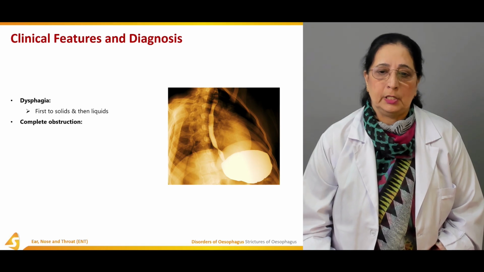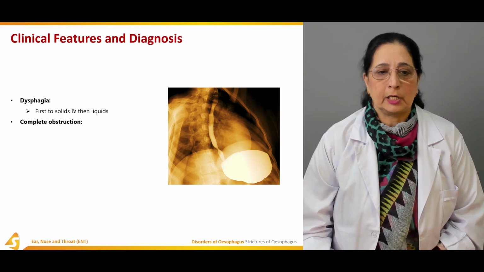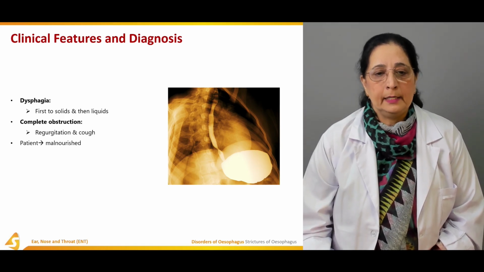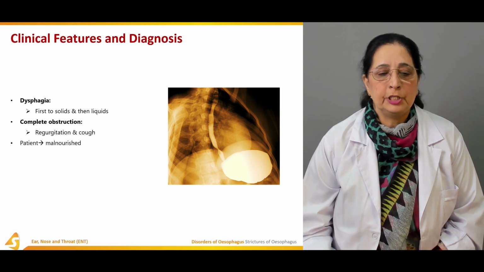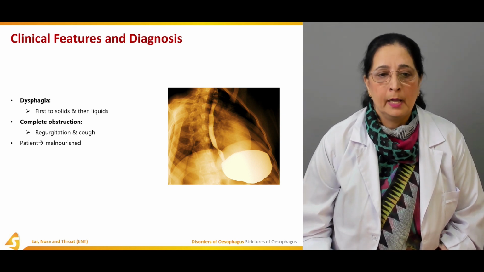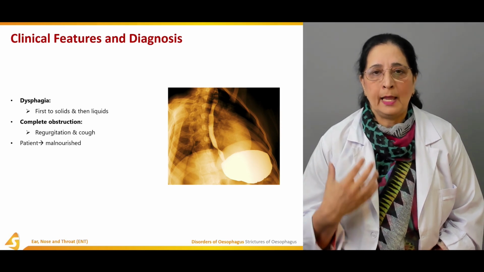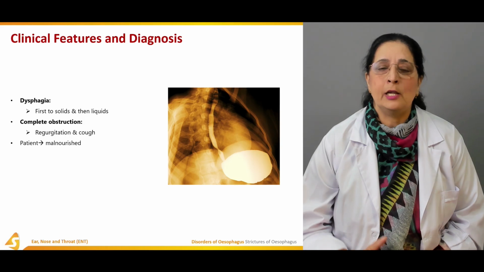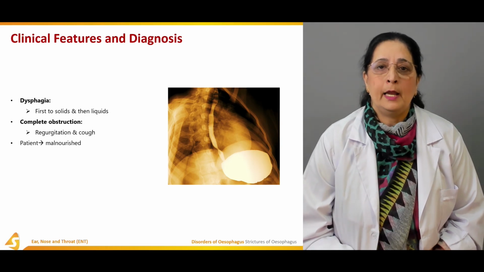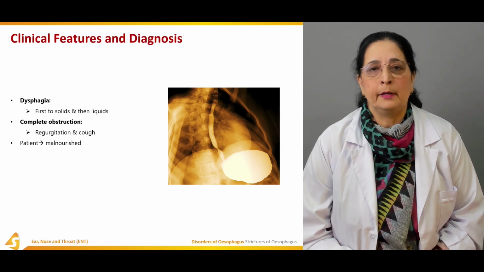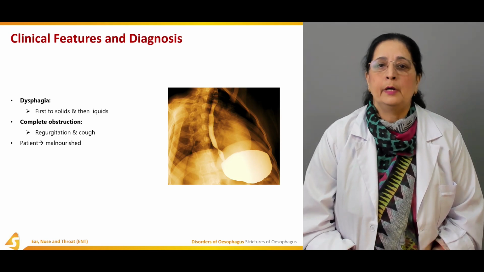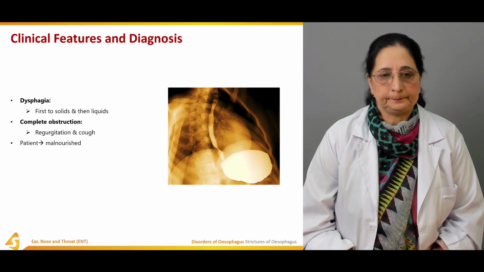Complete obstruction: if there is complete obstruction, then there is regurgitation and cough, and the patient is very malnourished, because they cannot ingest food. It is a condition that must be managed as an emergency.